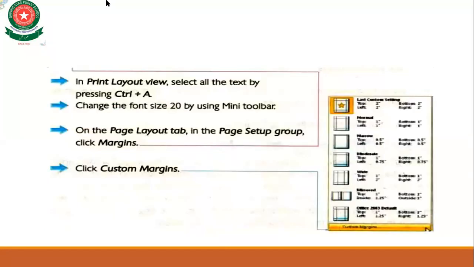So that is the way you can change the margin as per your needs. First of all, you have to open a document, then in the print layout view, select all the text by pressing Ctrl+A. Now change the font size to 20 by using the mini toolbar. Then on the page layout tab, in the page setup group, click margins. Now click custom margins.